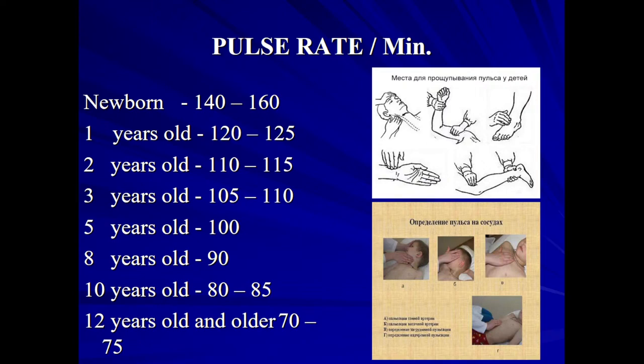At 12 years old and older, 70 to 75. After nearly 18 years old, the pulse rate is the same as in adults. On average, the pulse of an adult is between 60 to 80 per minute.